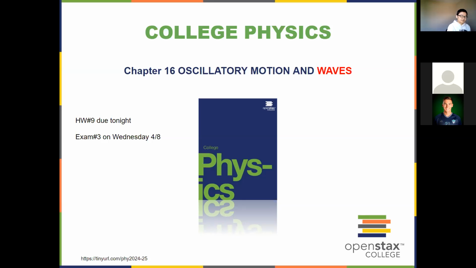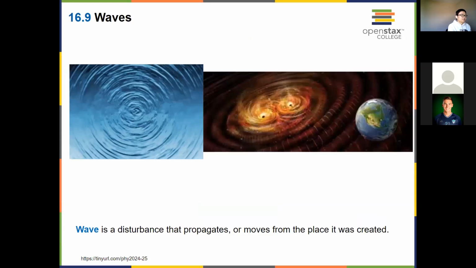So let's take a look. We are dealing with waves every day. If you go to a pond or a lake and throw in a stone, there will be a water wave generated. As we use cell phones every day, we get EM waves. There are also other types of waves, such as gravitational waves.